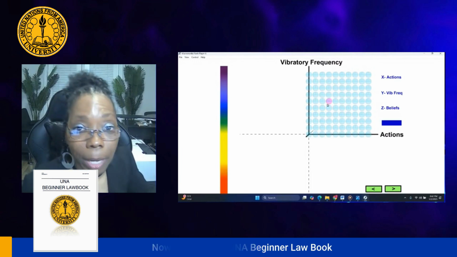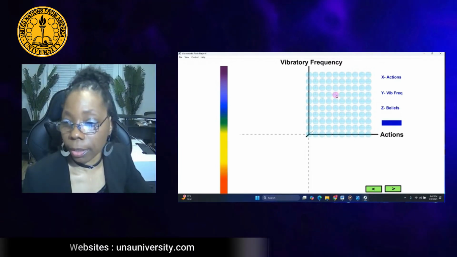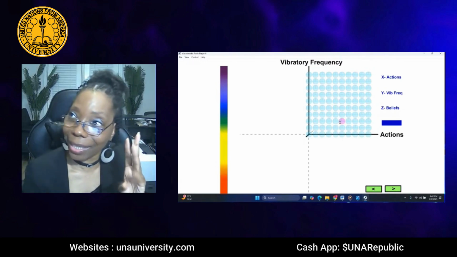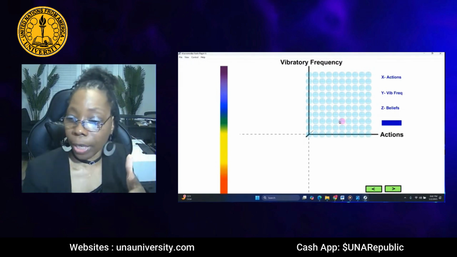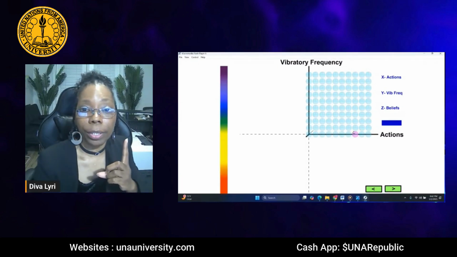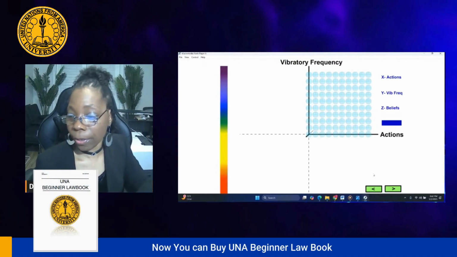All of them look the same, but they're not. All of these dimensions, your mama is going to look the same, your daddy, your cousin, your wife, but because of your frequency, they're not the same. They have to change based on your energy.